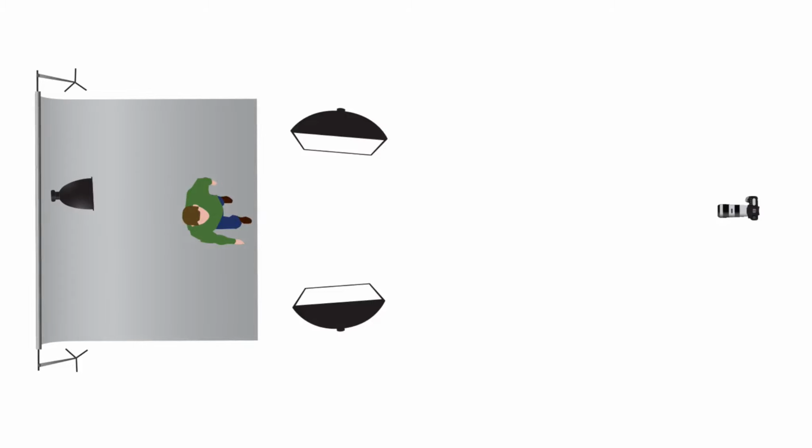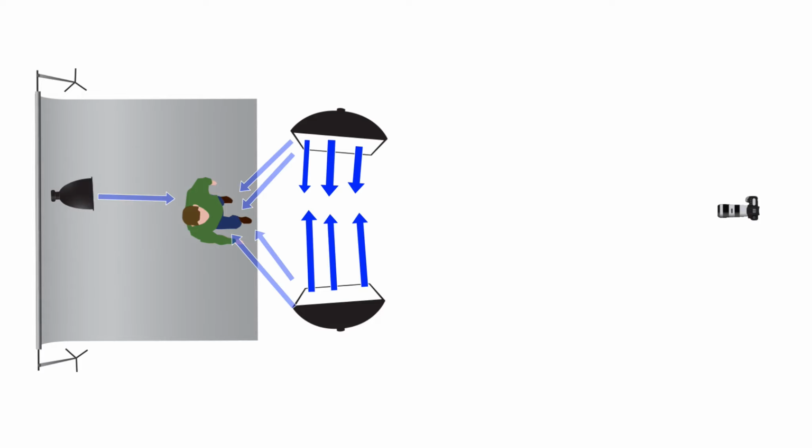So if we have a look at the diagram, you can see that I've got my backlight, which creates a bit of separation from the background. And then the way I position my softboxes is actually adjacent to the model.